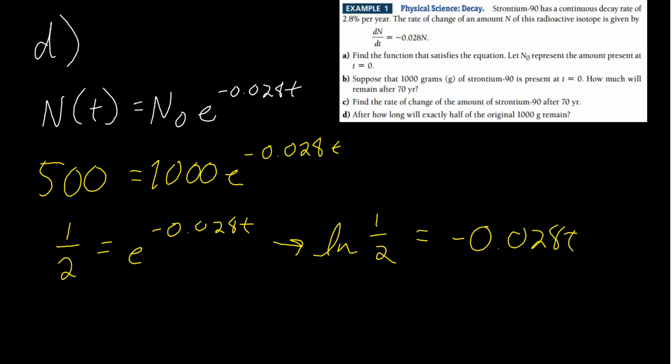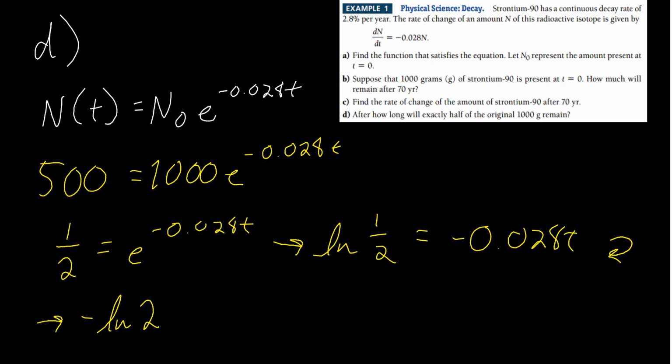And then we have the natural log of 1/2. We can rewrite this as the natural log of 1 minus the natural log of 2, right? From our natural log rules. Well, we know the natural log of 1 is 0, right? So we're going to end up having just the negative natural log of 2.